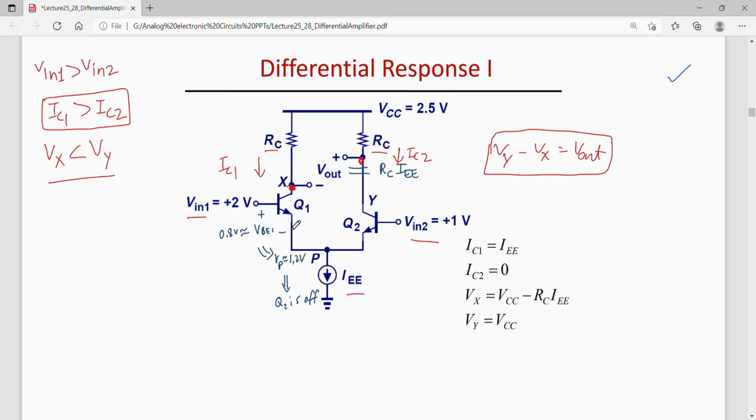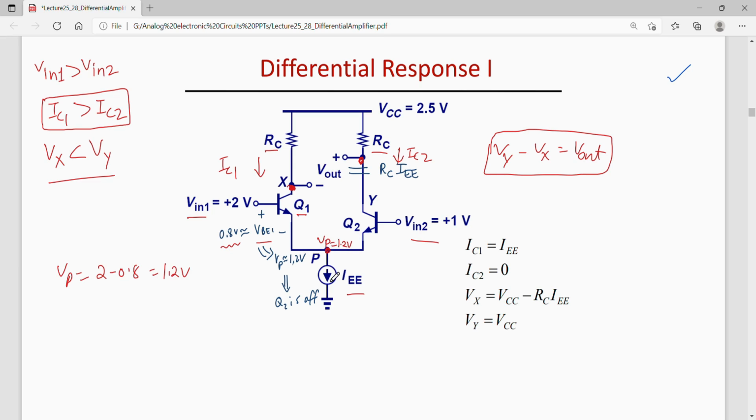Now in this case, if we assume that VBE1, that is VBE of this Q1, is 0.8 volts, then this VP would be equal to 2 minus 0.8, which is equal to 1.2 volts. So VP here is 1.2 volts.